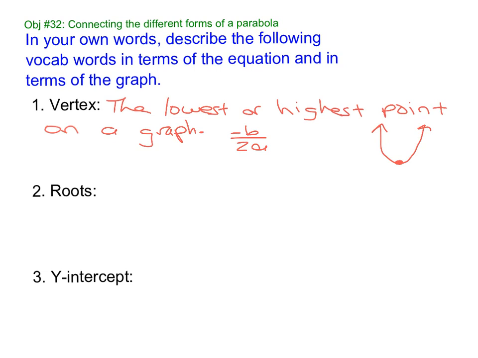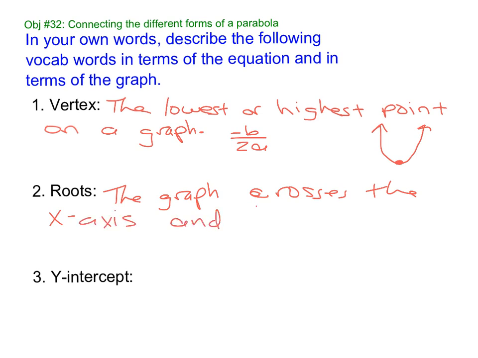What are the roots? The roots are where the graph crosses the x-axis, and the solutions when you set the equation equal to 0.